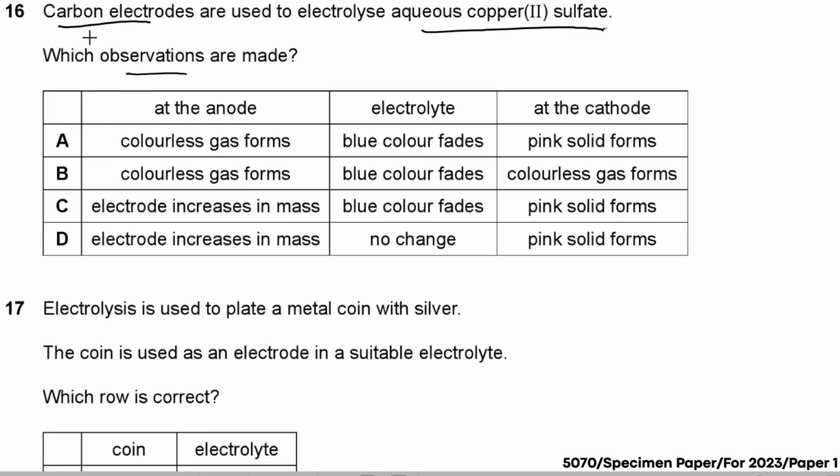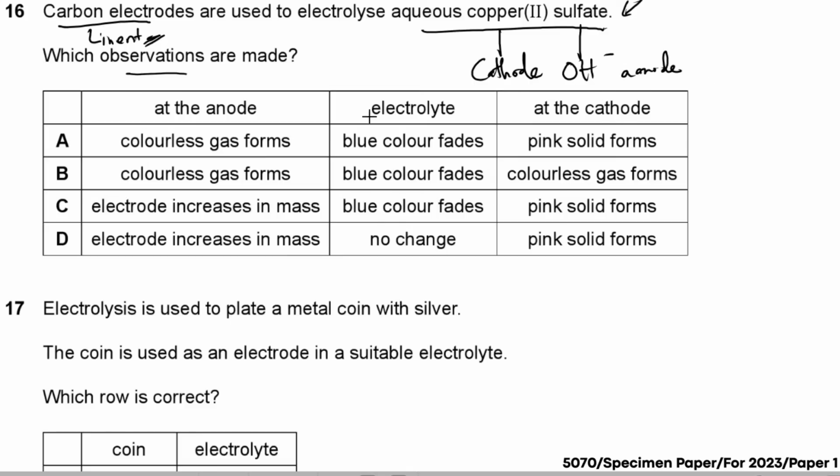You have to remember carbon electrode is an inert electrode, so it will not take part in the reaction. We electrolyze aqueous copper sulfate. Copper will go at the cathode, and OH minus is going to go at the anode, since sulfate is less reactive than the hydroxide ion. So sulfate is not going to be discharged, OH is going to be discharged.